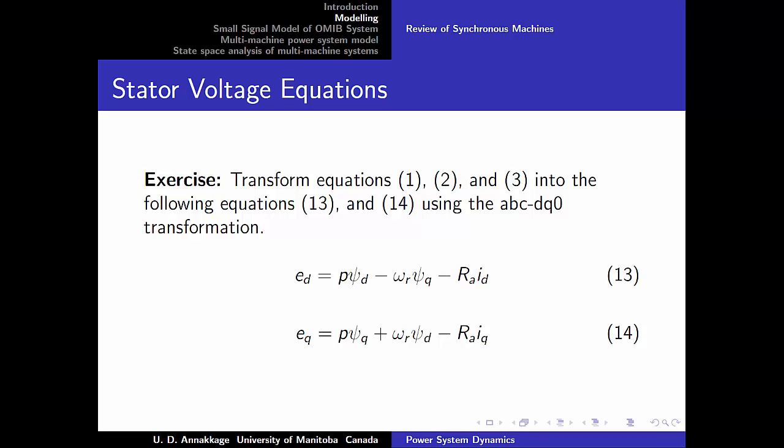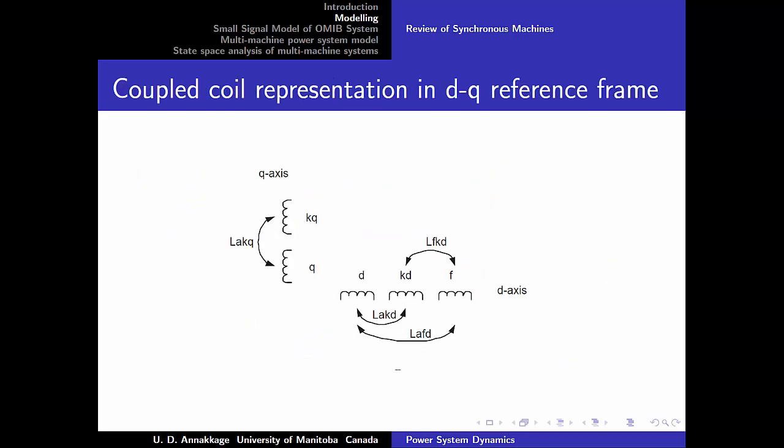Now, the transformed flux equations can be summarized in this diagram. Students should review those flux equations along with this diagram to get a good understanding of this transformed system of coils. Now we can make our equations even simpler by introducing a per unit system.